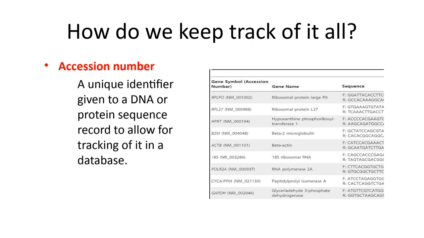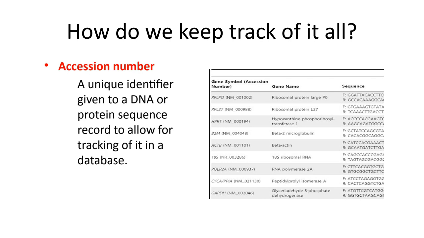It is a way to make sure you are looking at the correct record. It has to be unique. It has to be something that is not repeated anywhere else in the entire database. You only see it with that row. And so it's a unique identifier that's given to individual database records. People usually refer to it as an accession number, but it almost never is just a number.